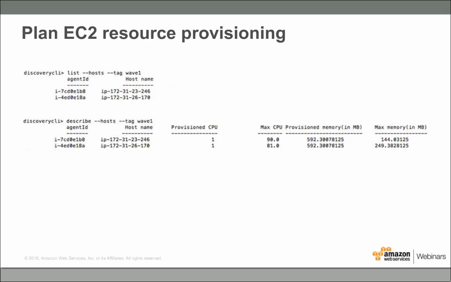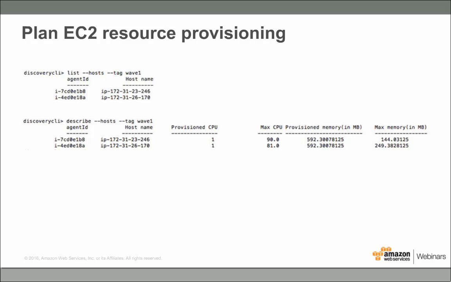Oh, and there's the example. So I moved on to the next slide and I performed a list operation for every host that has a tag called wave1. In the second example, I did a describe host, which means tell me in more detail, more intel, about all the hosts that have a tag called wave1.